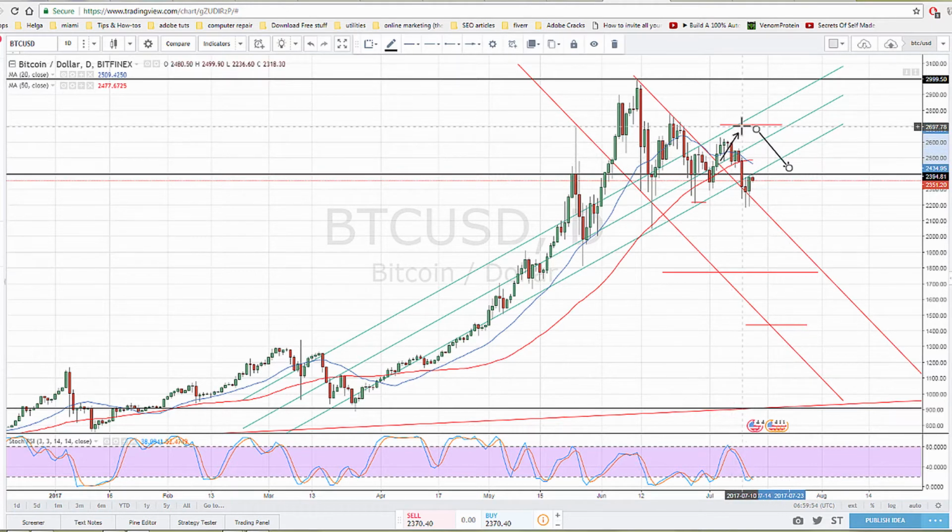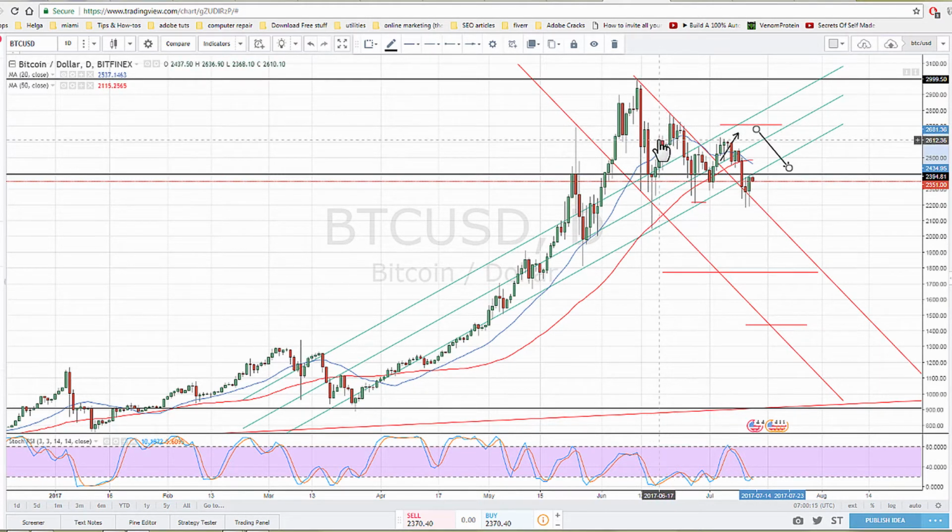It didn't reach 2,700, but that's okay. It went to 2,628. It actually hit resistance, not with this high here, but with this little one here.